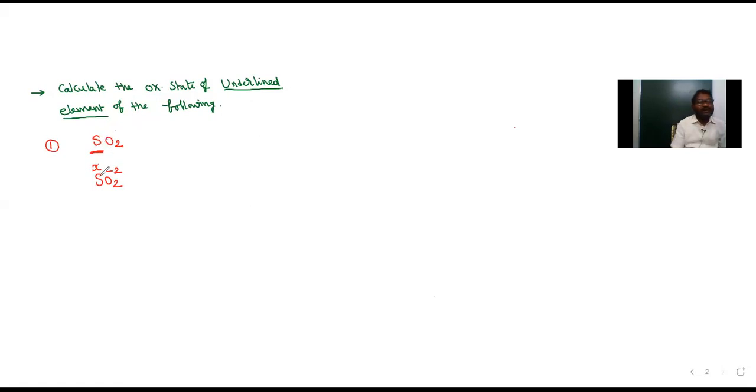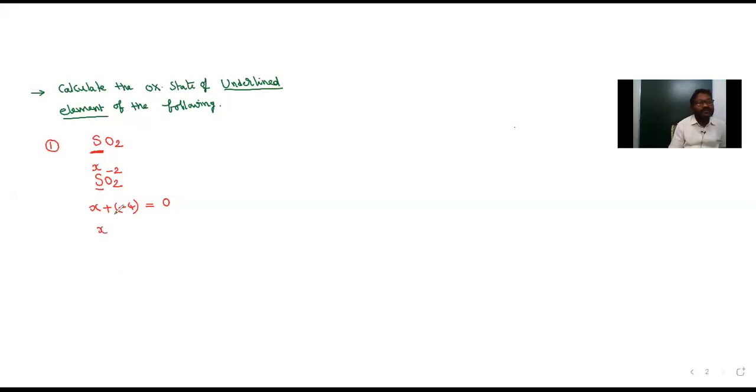So oxidation state of 1 sulfur, sulfur is now X. Oxidation state of 2 oxygen atoms, 2 into -2, -4, is equal to, it is a compound, sum of the oxidation states is equal to 0. Any doubt?